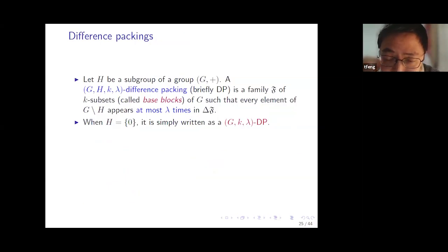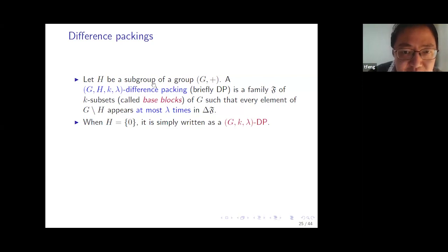In the following, I will talk a little about direct construction, which we can use to solve the case of existence of cyclic 2-designs. First, I will give the definition of difference packing.